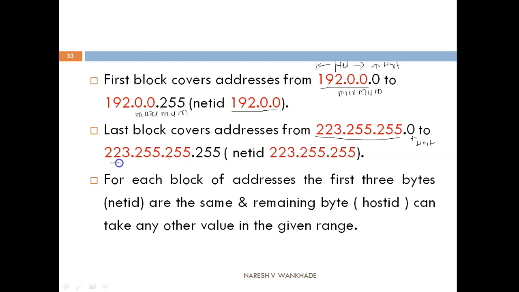For each block of addresses, the first 3 bytes, that is the net ID shown in this color, are the same, and the remaining byte, that is the host ID, can have different values in the given range.